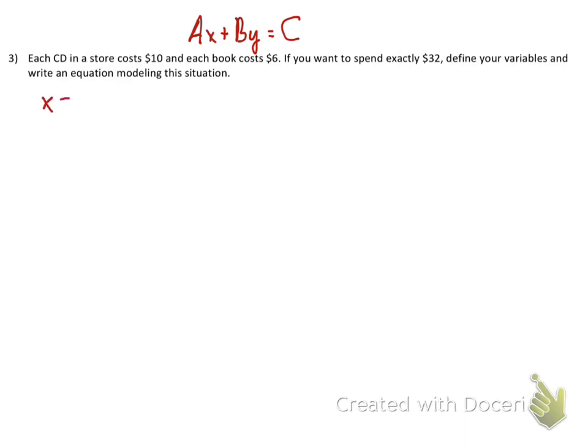Let's call x our CDs and our books we're going to call y. How much is it per CD? Well, it's $10 per CD, so that's going to look like 10x. And then each book costs $6.